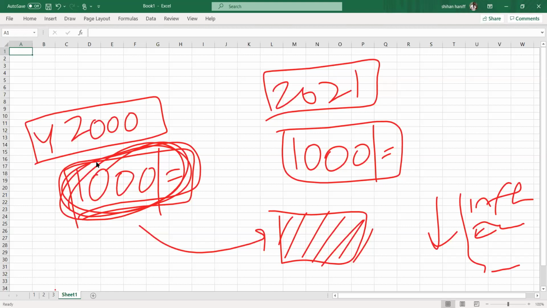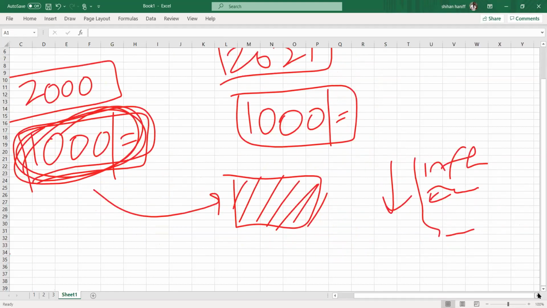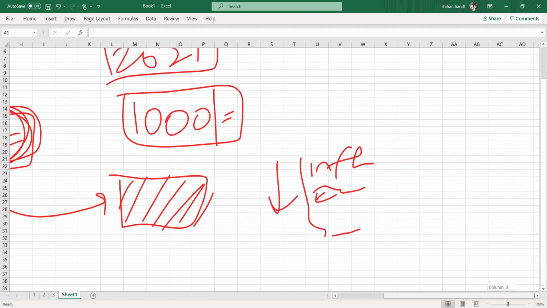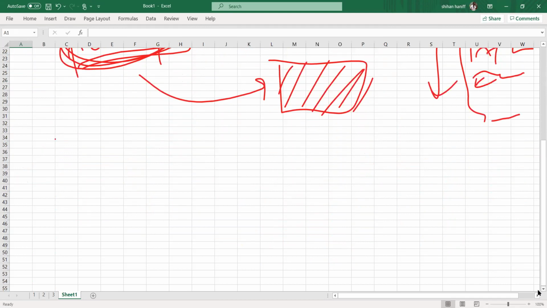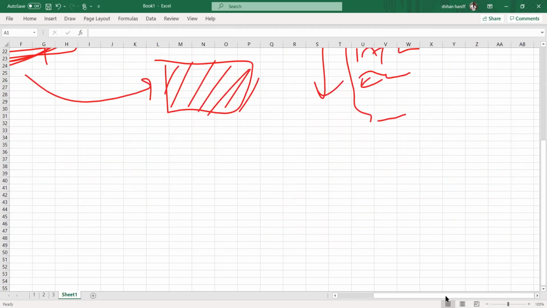And when it comes to investment appraisal and financials, what we consider is the other side of this. What is the other side? Yes, purchasing power will decrease.